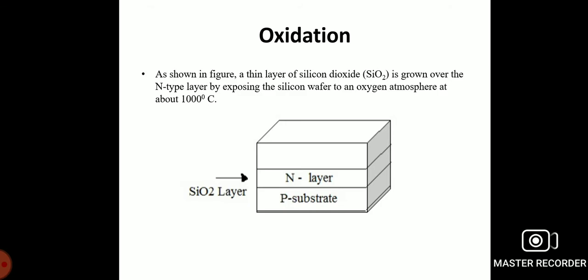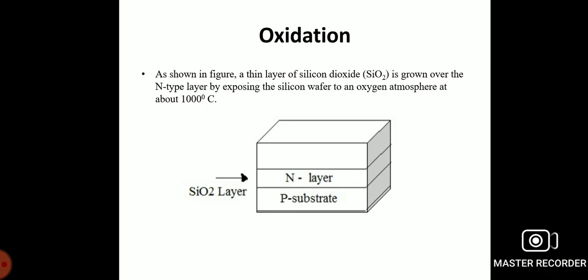A detailed image of the p-type, n-type epitaxial layer and SiO2 layer is given here. In this oxidation, a thin layer of SiO2 is grown over the n-type layer by exposing the silicon to an oxygen atmosphere at about 1000 degrees Celsius.